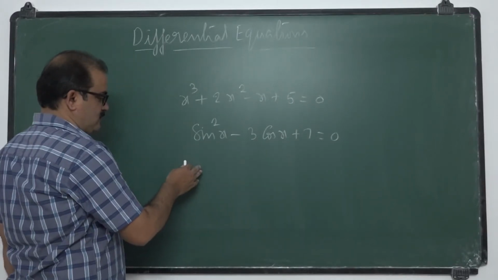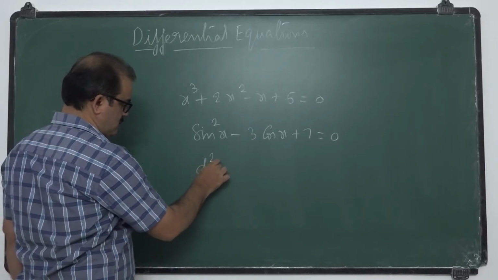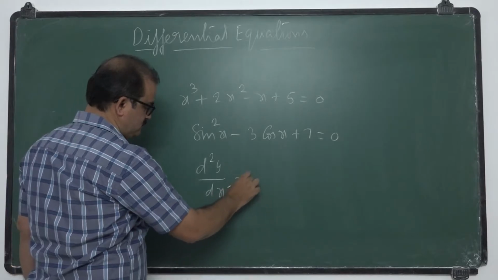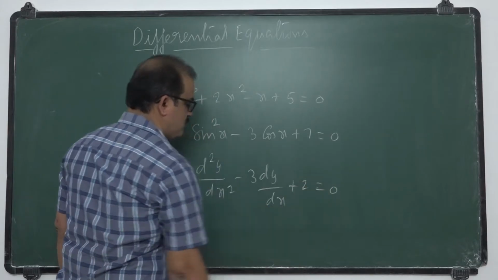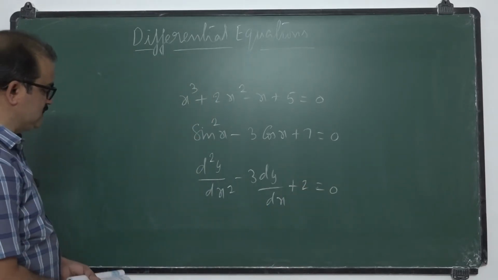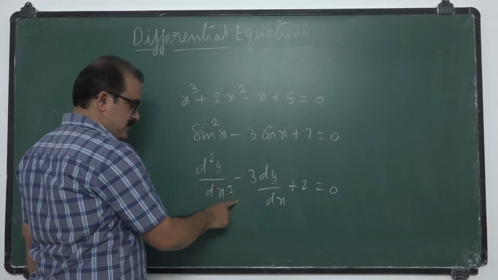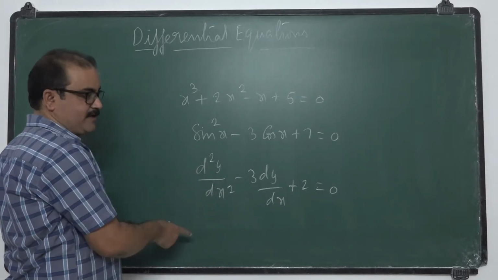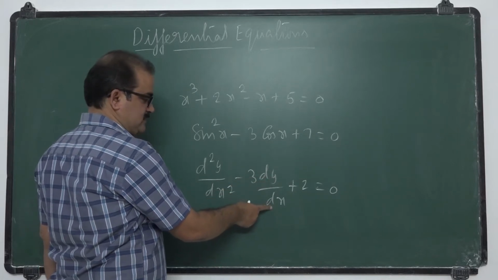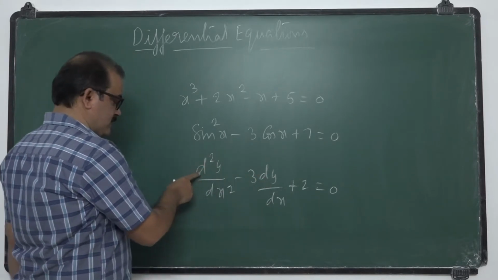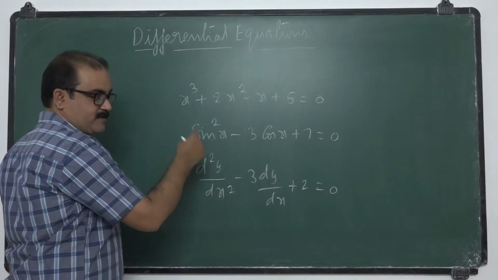Similarly, if an equation is in terms of derivatives, for example, if the given equation is in this form, see this equation, it is an equation in terms of derivatives. dy by dx is called derivative of y with respect to x, and it is the first derivative. d square y by dx square is the second derivative of y with respect to x.